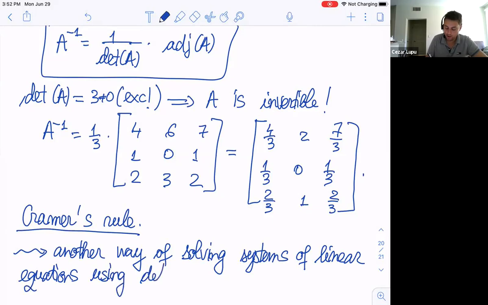So this time we will use determinants to solve a system of linear equations. I was thinking maybe I should give the general rule, and then we'll see some examples.